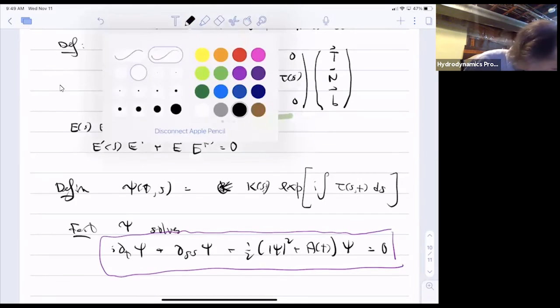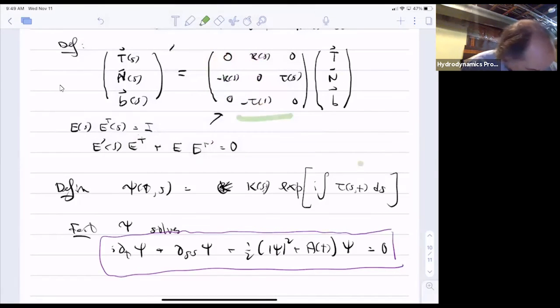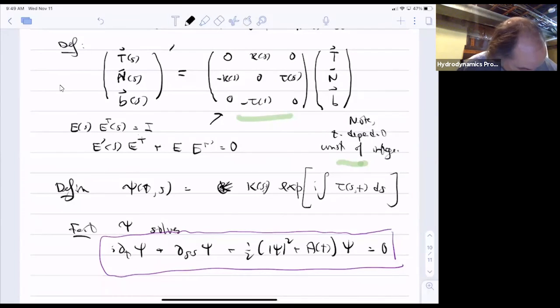When I carry out this, note there's a t dependent constant of integration. Whenever I integrate this, as soon as I fix some base point, if I integrate from some s naught of the torsion, then of course this is fixed. But in general, when I compute an antiderivative in the s variable, I'll get a constant of integration, and that'll depend on the time I've chosen.